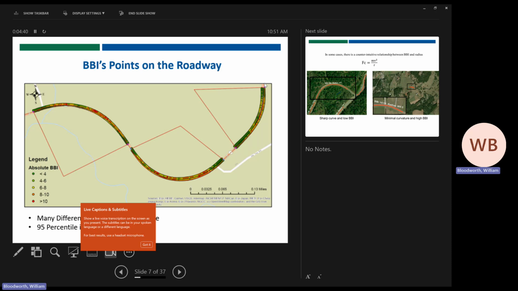When we collected that BBI data, it's not just 1 point per curve. You have hundreds of ball bank indicator readings per curve. Every road was driven twice, and at every point they could, as granular as possible, they collected a BBI reading. So what we did is we took the 95th percentile highest value of that ball bank indicator reading.